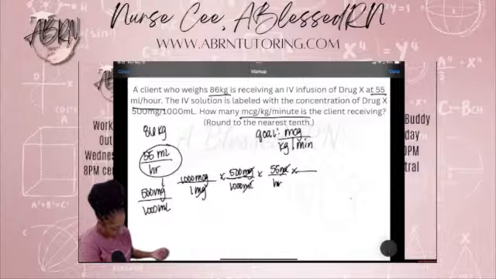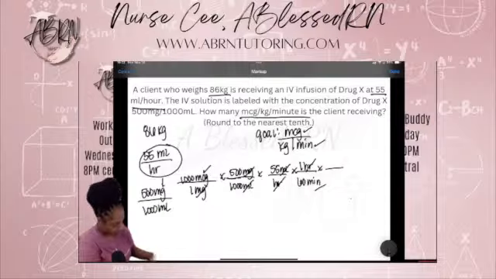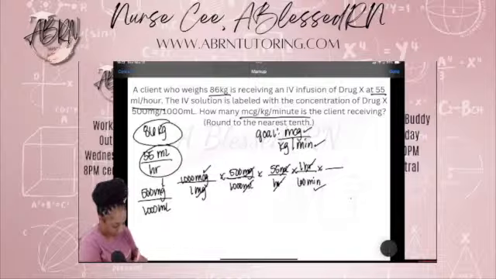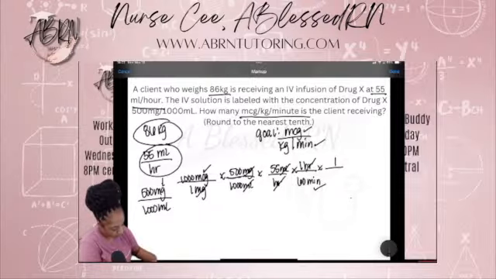Now we got hour on the bottom. We need minute on the bottom, don't we? So we know that 1 hour is 60 minutes. We'll cross that out. Okay, so then we've got minutes on the bottom and we've got micrograms on the top. And the only thing left that we need to fulfill our goal is to have kilograms on the bottom. And look, our weight is already in kilograms. So I'll put my 1 on the top and my 86 kgs at the bottom.